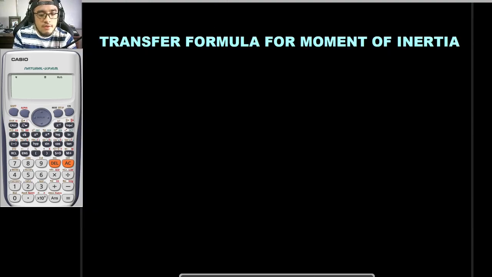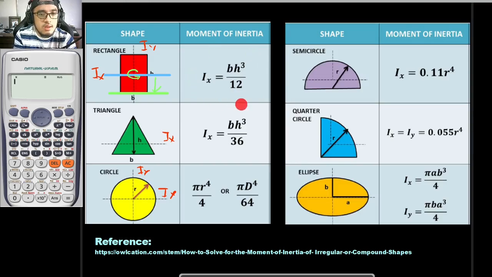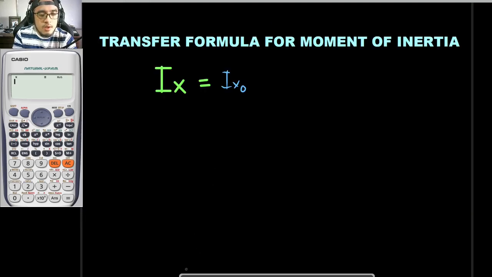So your transfer formula is basically, let's say, Ix is equal to your moment of inertia about the centroidal axis, which is Ixo. You can solve for that using these formulas, plus the transfer formula itself, which is equal to A d squared.